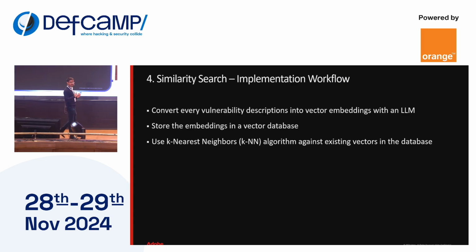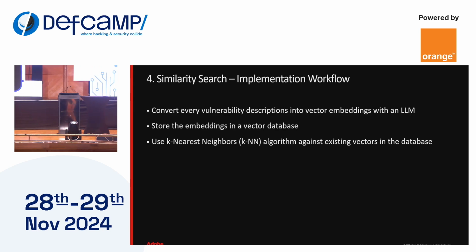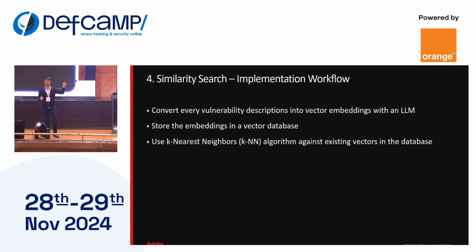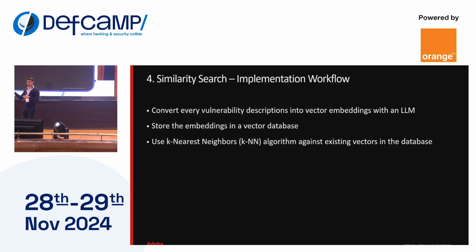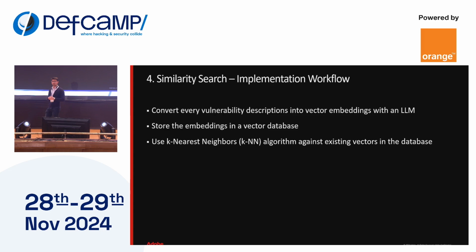When you receive a new finding, you take the description of the new finding, and convert it with the same algorithm into a vector embedding, and compare it to the existing vector database using the k-nearest neighbors algorithm, and that should give you an output of the similar ones.